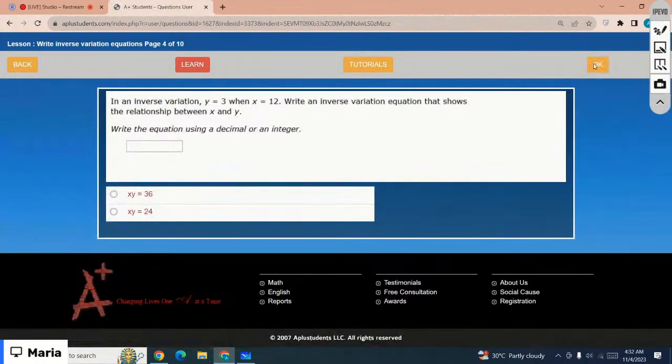In an inverse variation, y equals 3 and x equals 12. Write an inverse variation equation that shows the relationship between x and y. So which is the correct option?